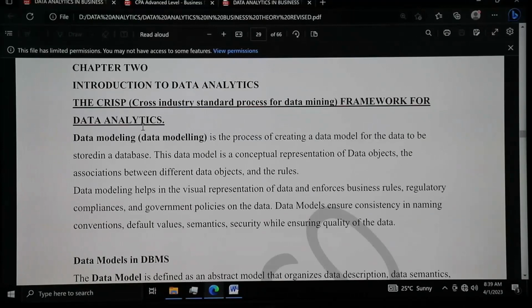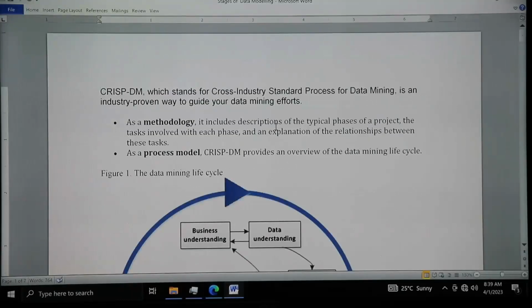In every organization, they must create a data mining mechanism, the mechanism that assists the organization to compile the data and to analyze. Before you do data analysis, you must gather this data. So that concept we call the cross-industry standard process for data mining is actually a process for data mining.